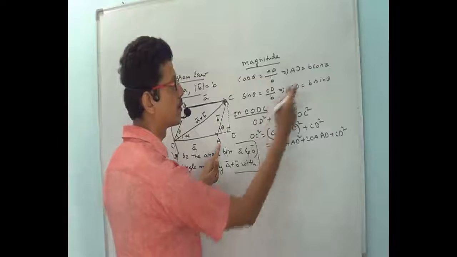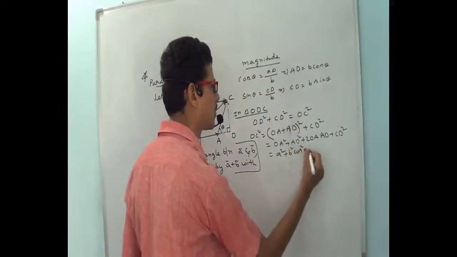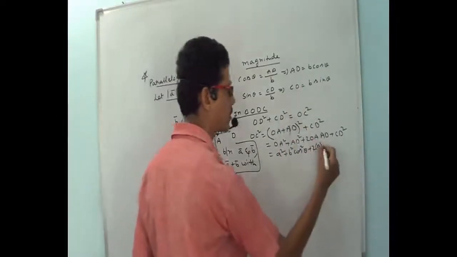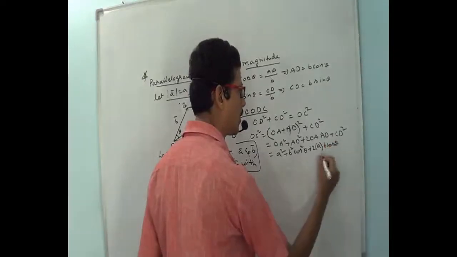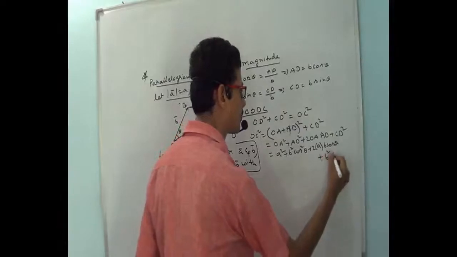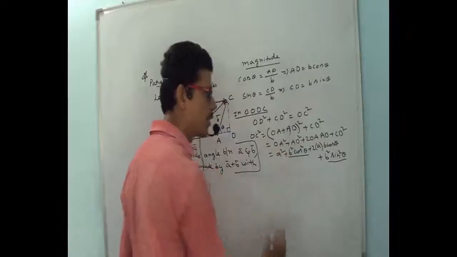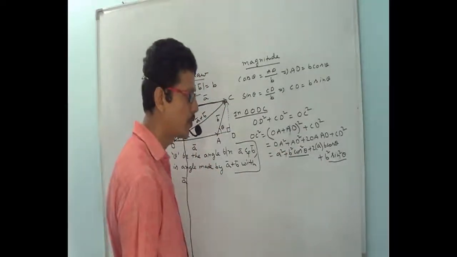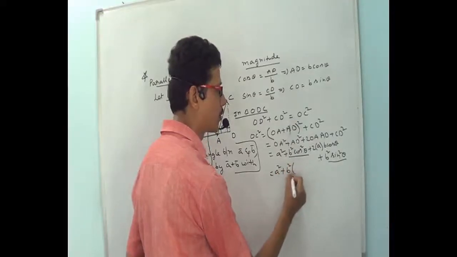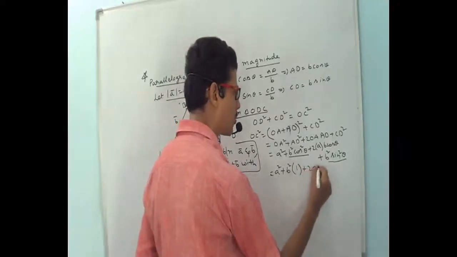AD square means B square cos square theta. And OA means A, AD means B cos theta. And what is CD square? CD square is B square sin square theta. So here B square sin square theta is there, here B square cos square theta is there. B square if you take common, what is that? B square into sin square plus cos square, it is 1, plus 2AB cos theta.